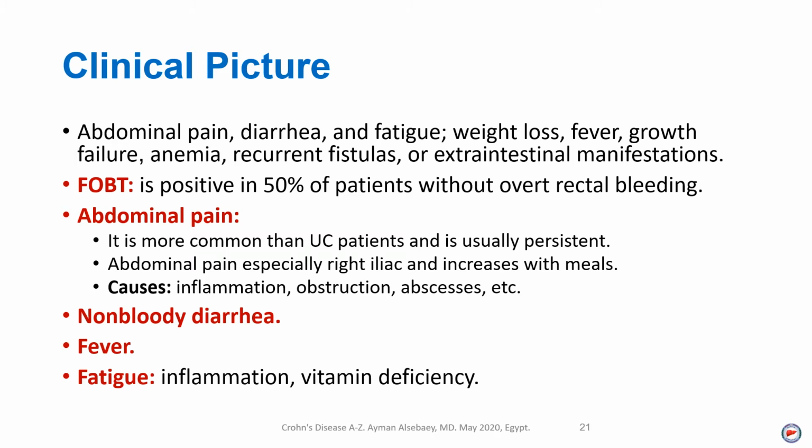It is more common than in UC patients, and it is common to find the pain after meals, especially in the right iliac fossa. It may be due to inflammation, obstruction, abscess formation, and so on. There is non-bloody diarrhea because if the terminal ileum is heavily affected, there will be no absorption of the bile acids and there will be bile acid overflow diarrhea. Maybe we have fever, and we have fatigue due to vitamin deficiency.